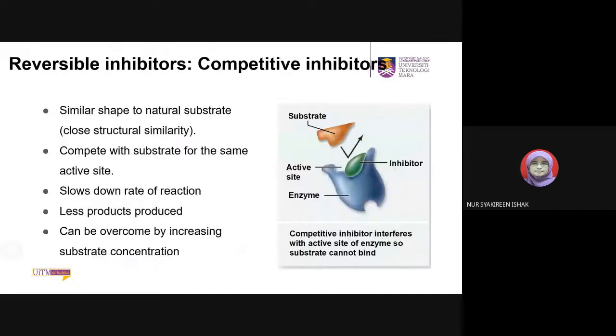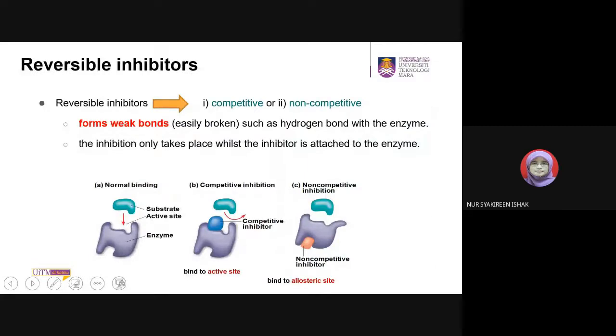Okay, so now we are going to look at the detailed explanation. For reversible inhibitors, there are two types, which are competitive and non-competitive. Reversible inhibitors form weak bonds that can easily break, such as hydrogen bonds with the enzyme.